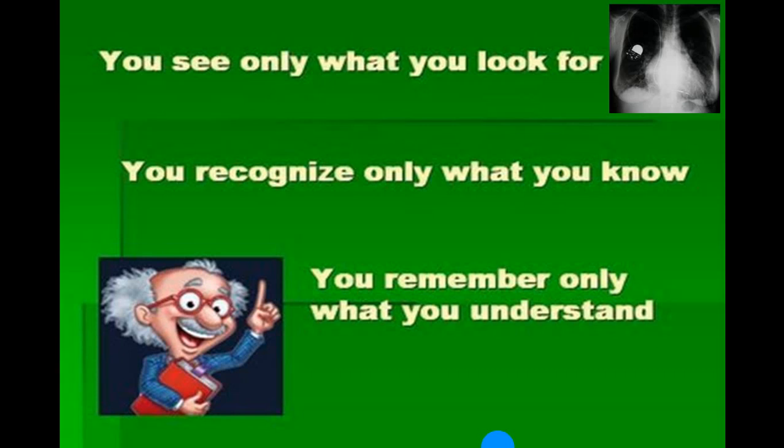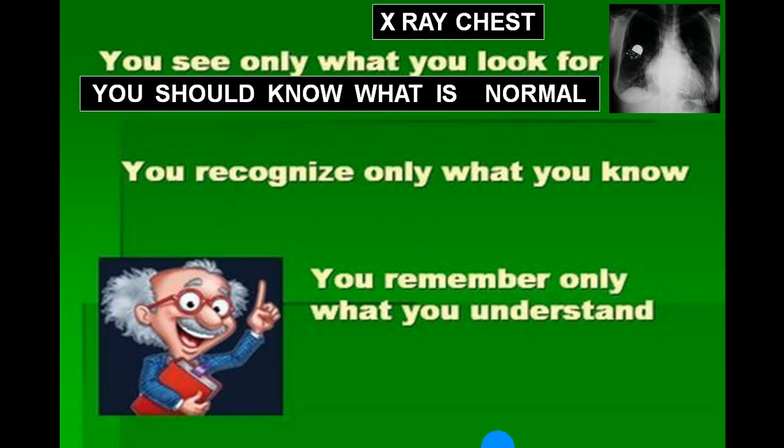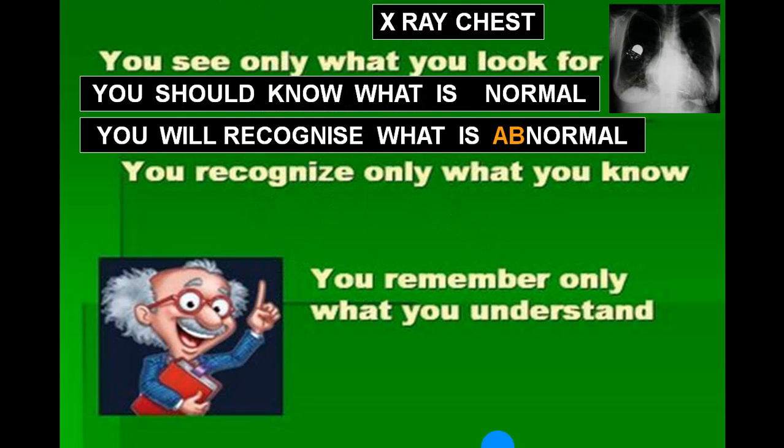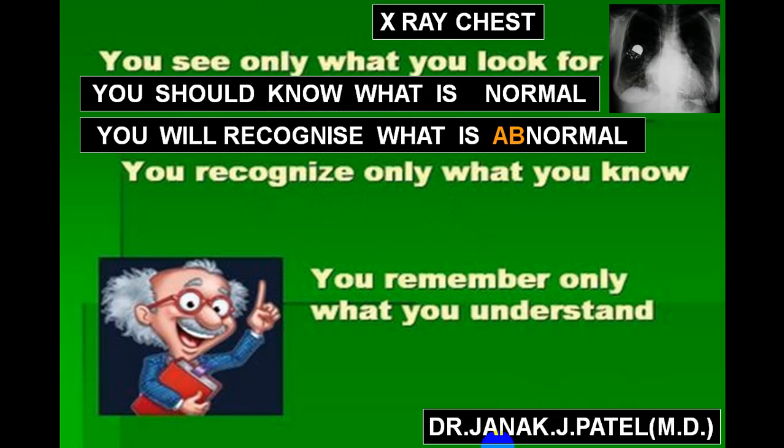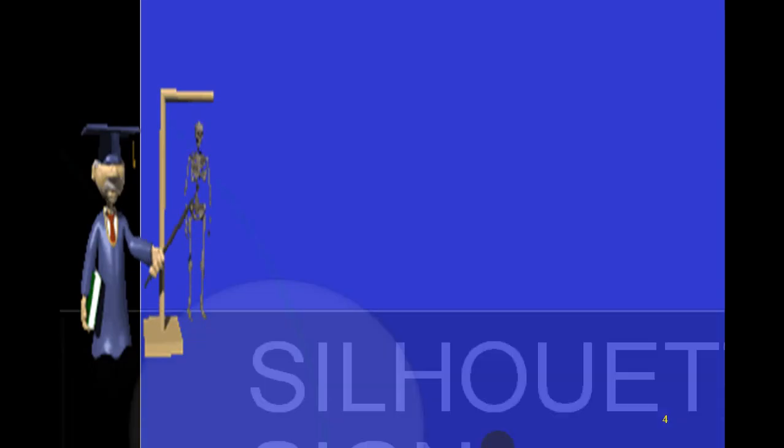If you understand, you will remember. If you remember, you will try to recognize and look for it. But in an X-ray chest, you should know what is normal and what is abnormal. If you know normal, then only you will be able to recognize what is abnormal. So we'll be talking about one of the abnormal findings we call the Silhouette sign.